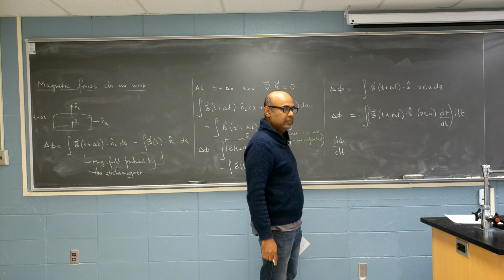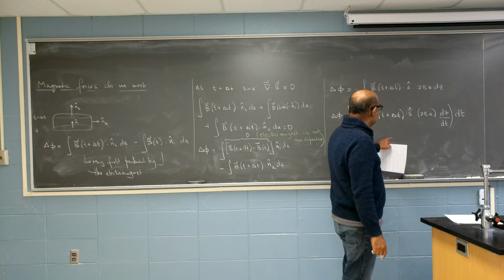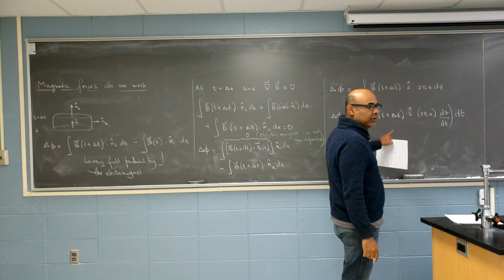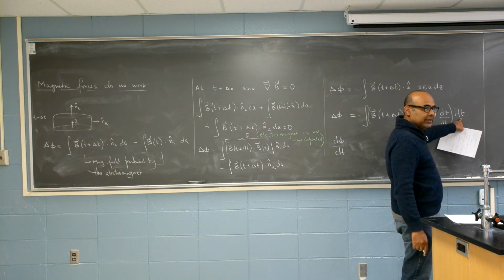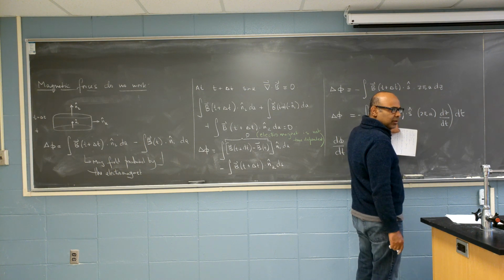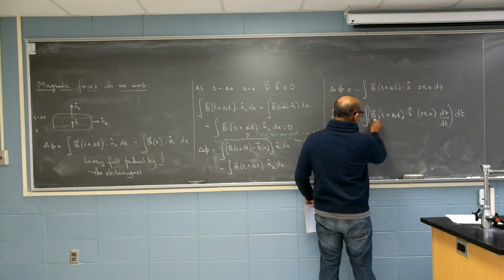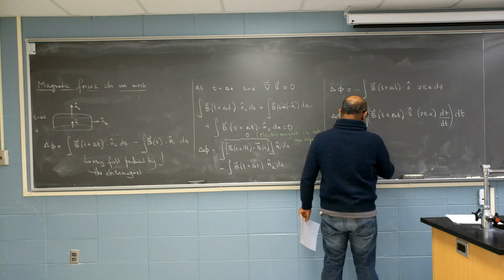And we want only one order of term in delta t. This already has a delta t. So do we care about this delta t anymore? No. So this is minus B dot s hat.